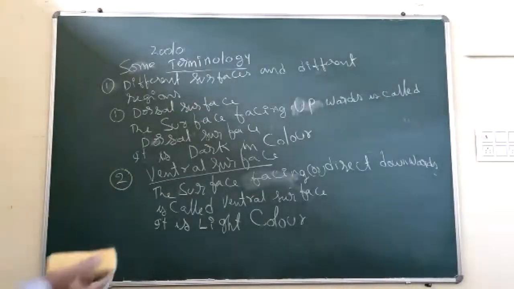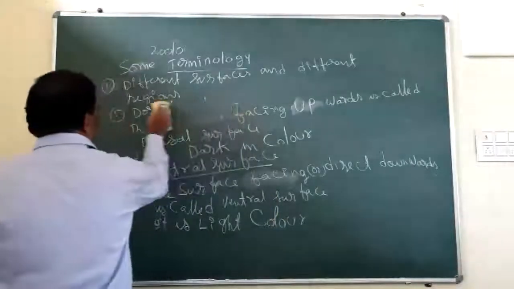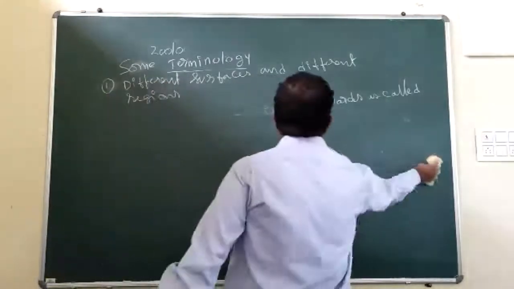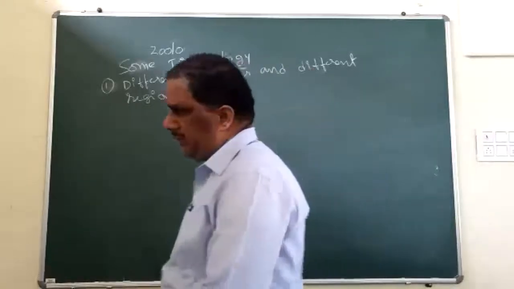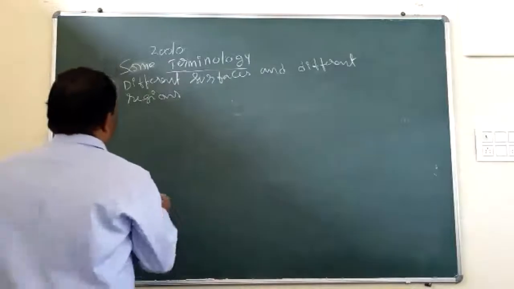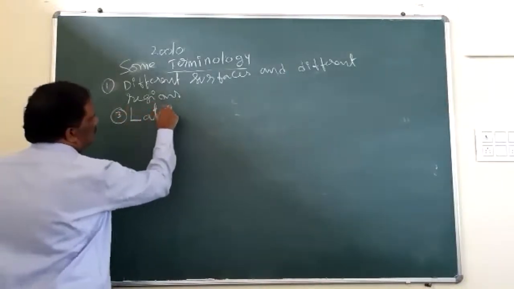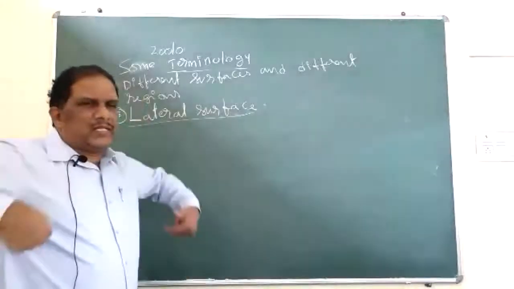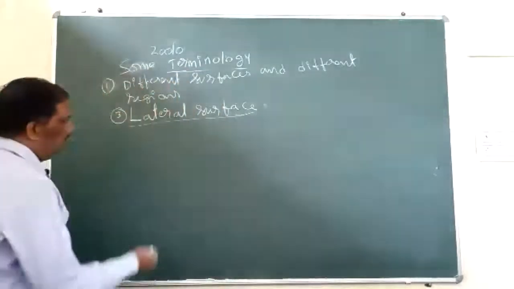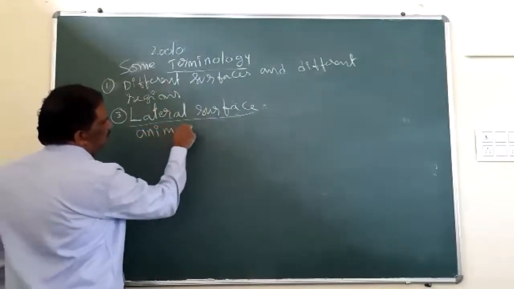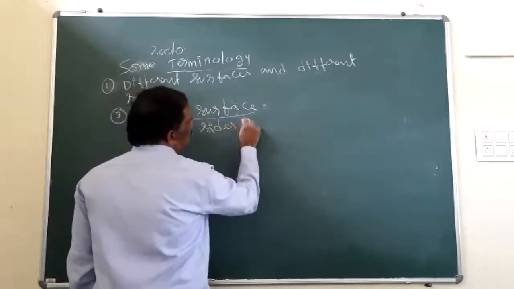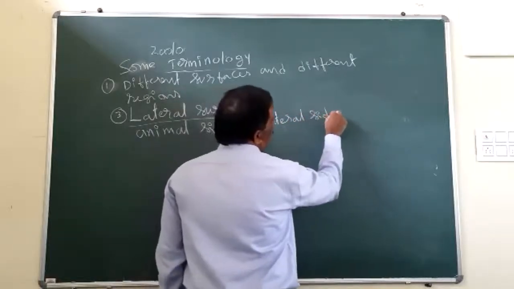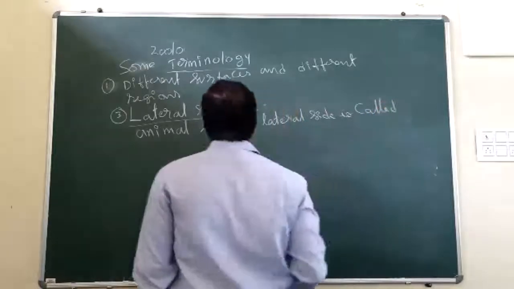The sides of the animal, the side surface, is called lateral surface.